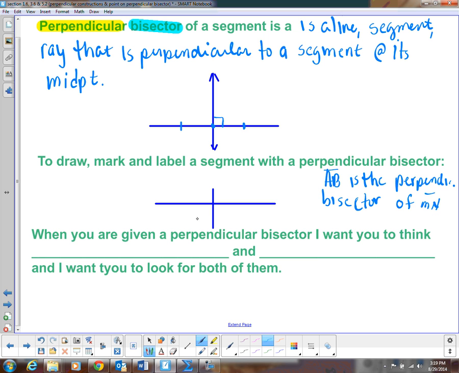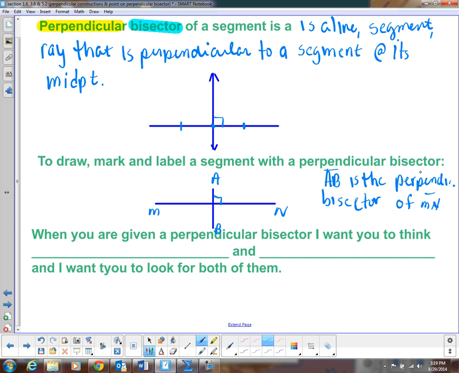All right, so I've drawn it and I'm starting to label it. Here's M, here's N, and this is AB. AB is the perpendicular bisector, which means it is doing the bisecting. Now when I go to mark it, I've got to mark this box.